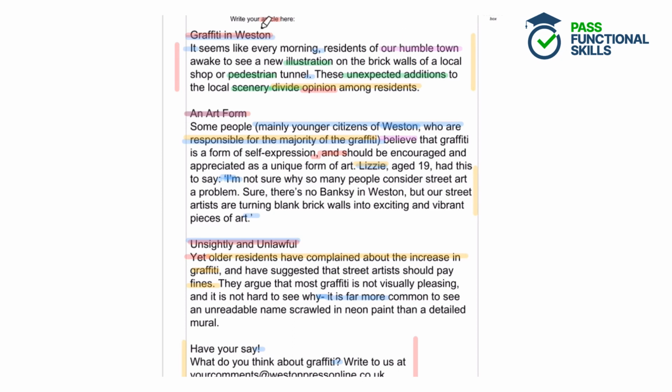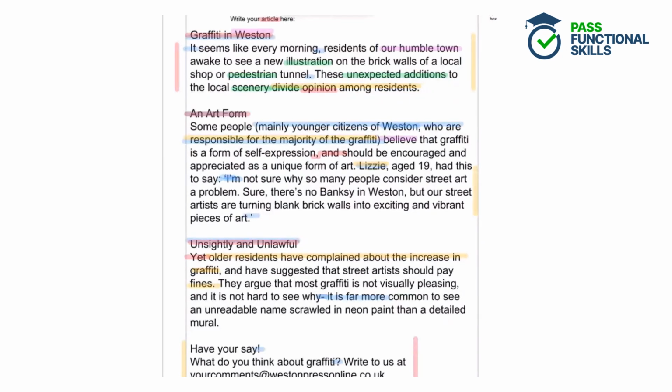And we've also got Weston specified, so the name of the town there. The style is generally informative, showing the different people's opinions, and the focus is on graffiti throughout. They haven't veered off to talk about anything that's irrelevant, so it's really well suited to the audience and purpose.